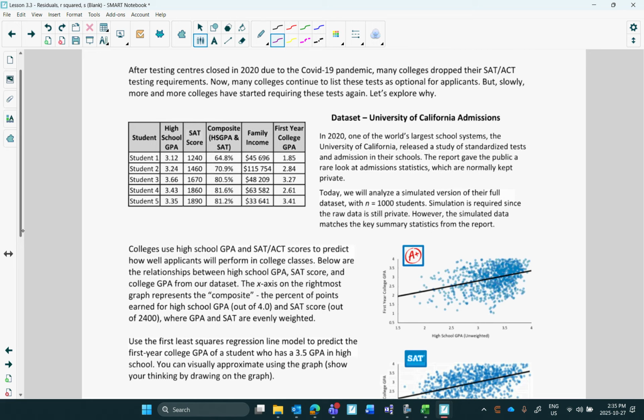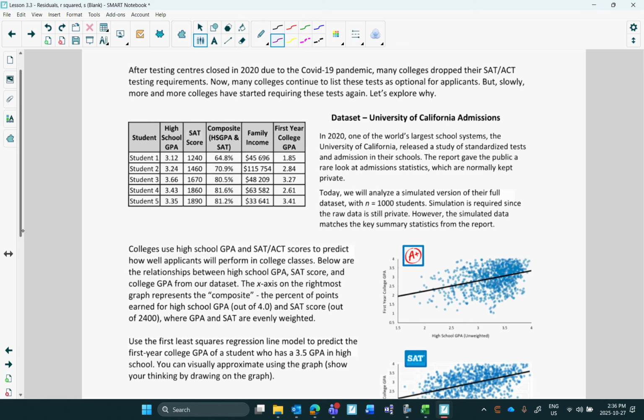So in 2020, the university system in the University of California, okay, which has tons of universities in it, University of California, San Diego, University of California, Berkeley, University of California, Los Angeles. It's a whole bunch of universities, okay? They're all called University of California, and then wherever they're specifically located, they're given that additional name.